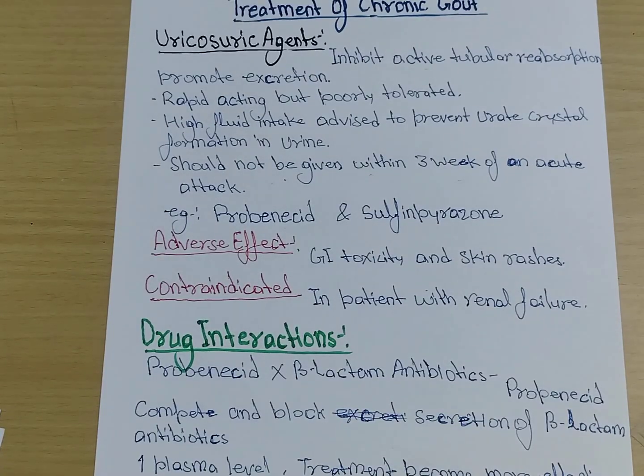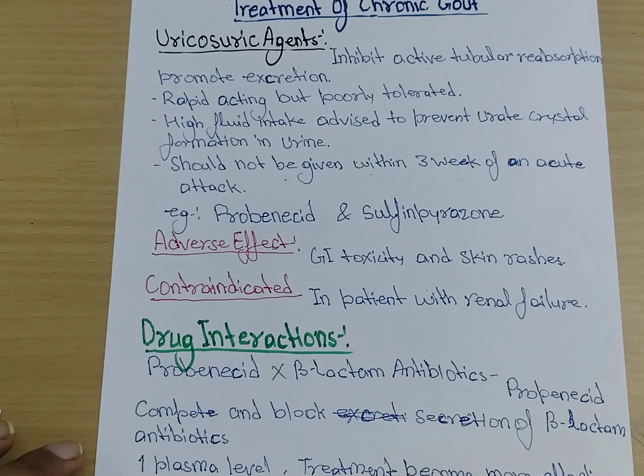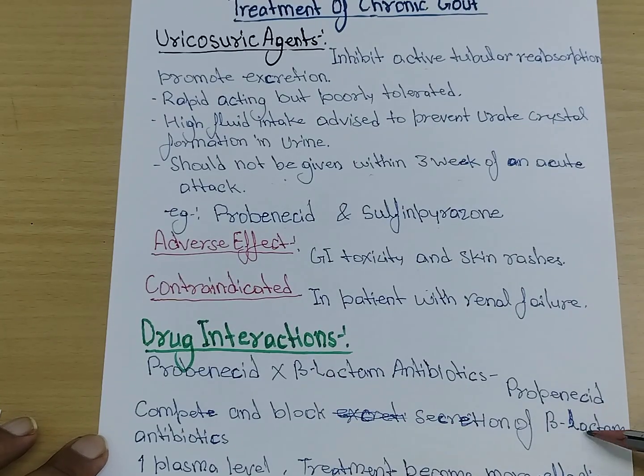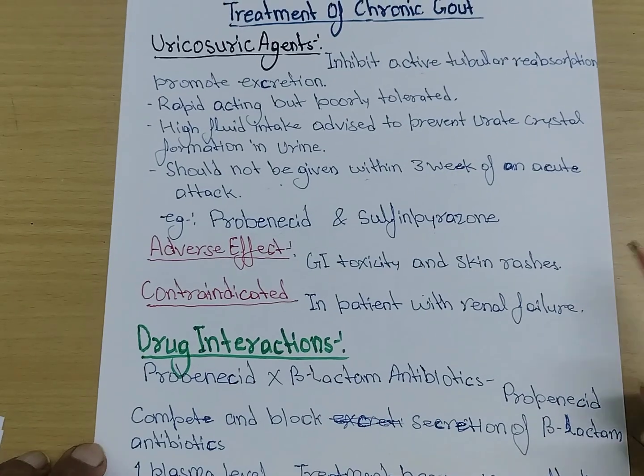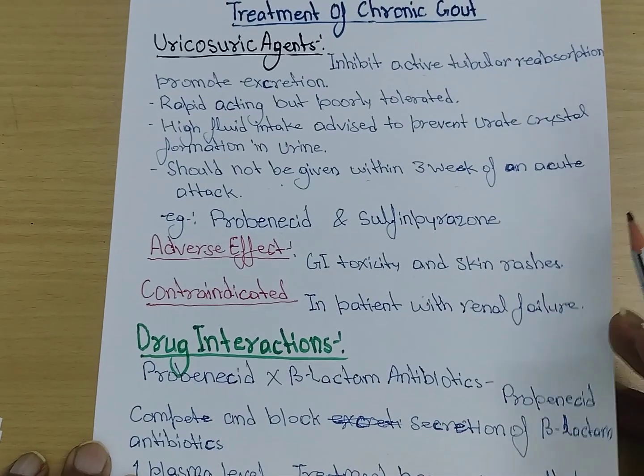The efficacy of beta-lactam antibiotics increases as probenecid prevents the secretion of beta-lactam through the renal tubule and increases the plasma concentration of the antibiotic. Thus, treatment becomes more effective.